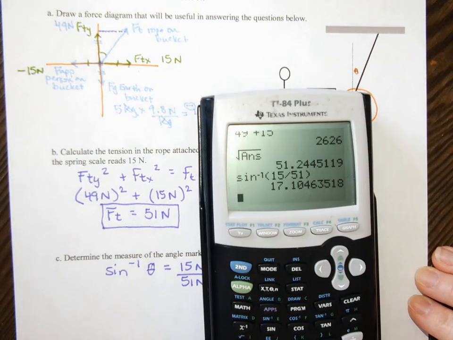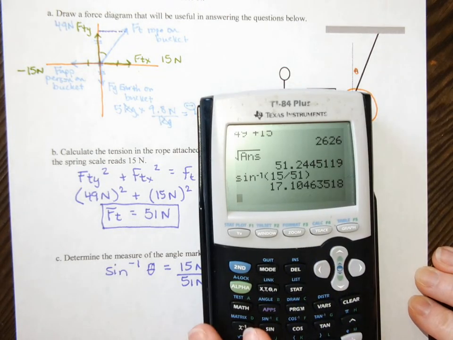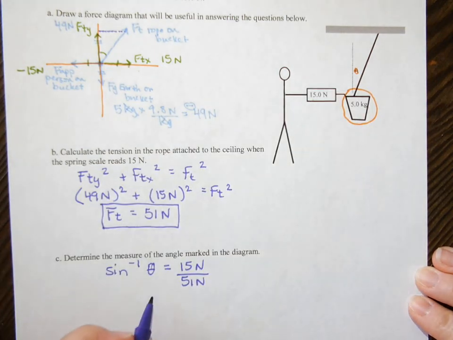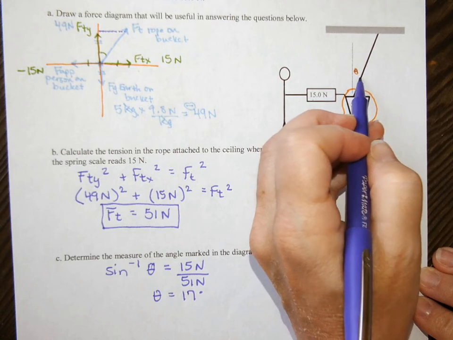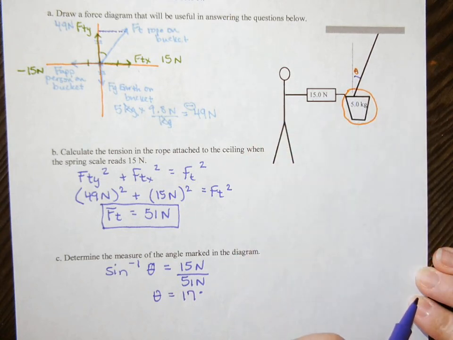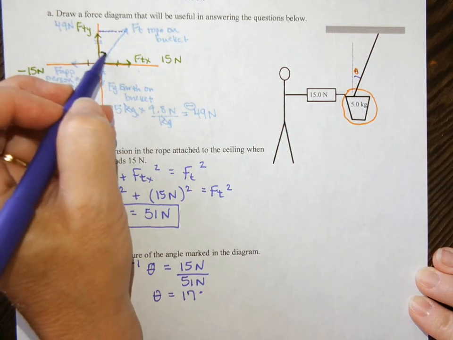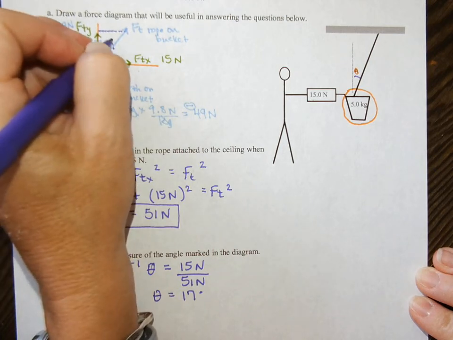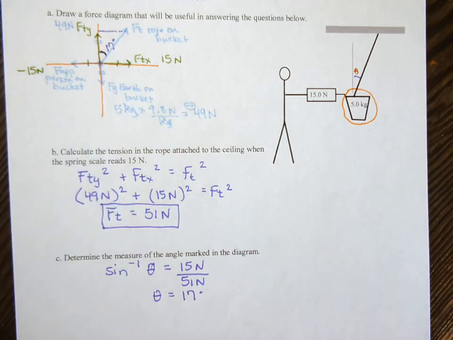And as long as you're in degree mode, this should work out. You get an angle of about 17 degrees. And that's the angle of that rope from the horizontal, or sorry, from the vertical. So I'll label that as 17 degrees. And that's the end of that problem.